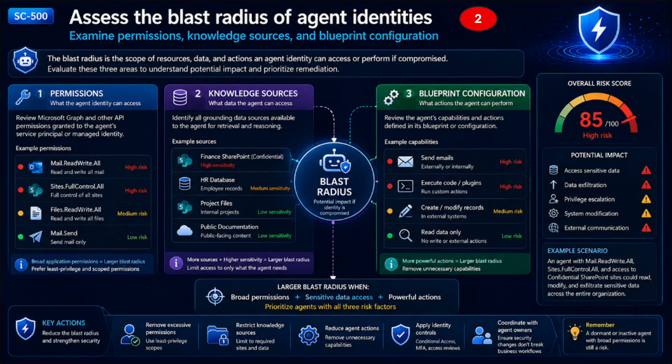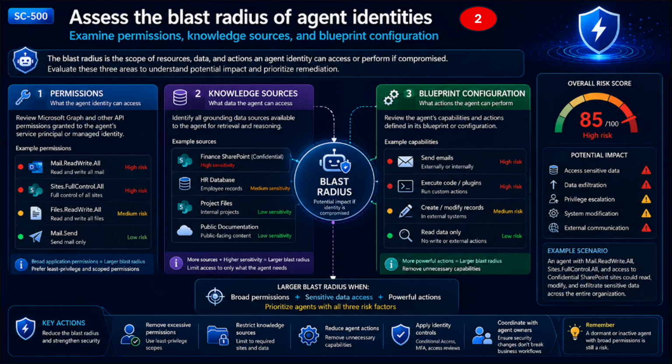Example permissions include Mail.ReadWrite.All, which would be high because what you're saying is that the agent has the capability of reading and writing to email. Anything that has the write permission or the full control permission is something that we need to manage carefully because it could cause a lot of damage. So those are the kind of things that we look over here.